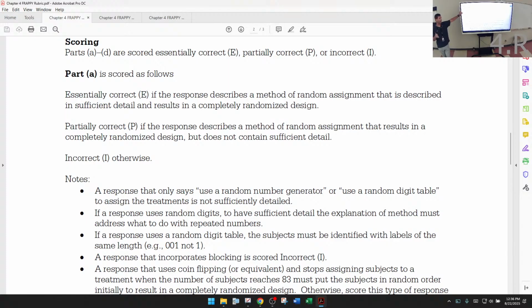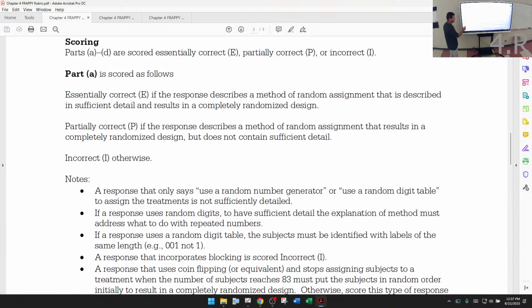They don't care how you do it, as long as it's random assignment, sufficient detail, and a randomized design. Partially correct if you did a method of random assignment that results in a completely randomized design, you just weren't specific enough. It wasn't quite clear. And if it's not an E and it's not a P, then it's an I.